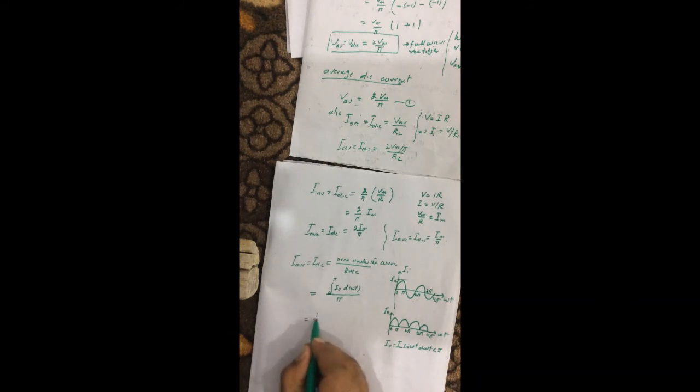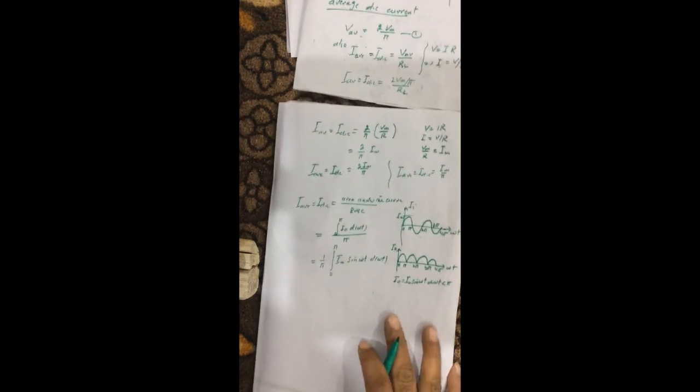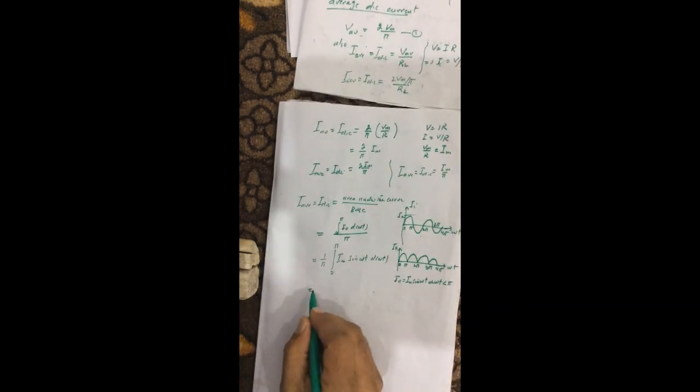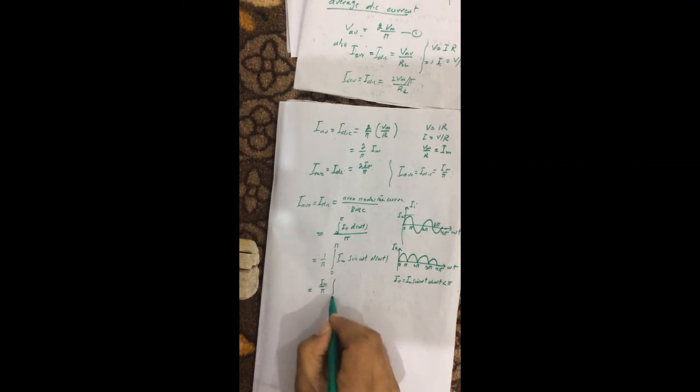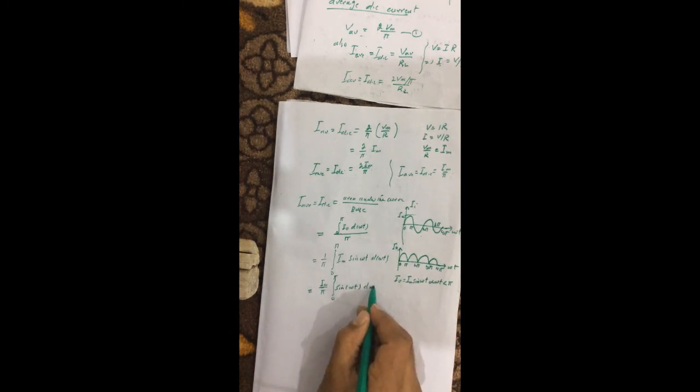So this will be equal to 1 over pi, integral from 0 to pi, I naught is Im sine omega t into d omega t. Im is also constant, so I can keep it outside of the integral. Im over pi, and we have integral from 0 to pi sine omega t into d omega t.